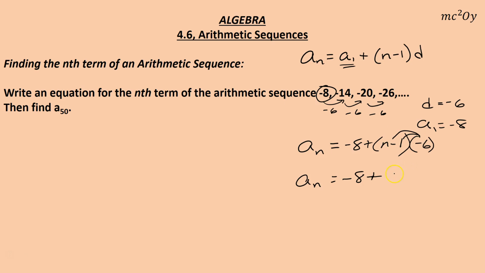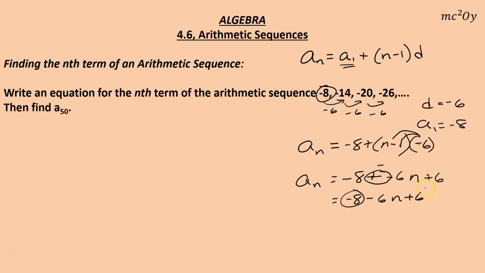Okay, so that would be negative 6n, excuse me, and then positive 6. I don't like having two symbols next to each other, so I'm just going to call that a big minus. I'm going to have negative 8 minus 6n plus 6.